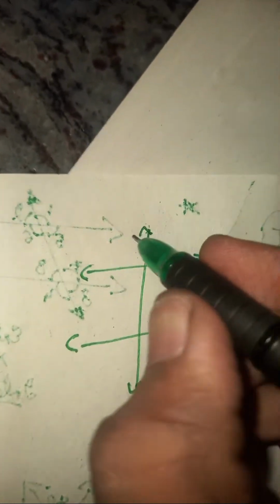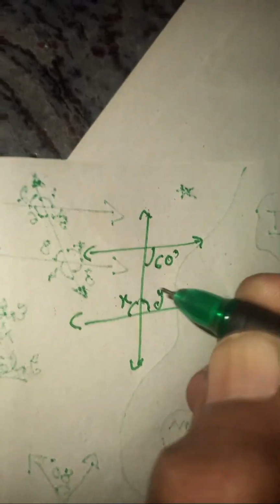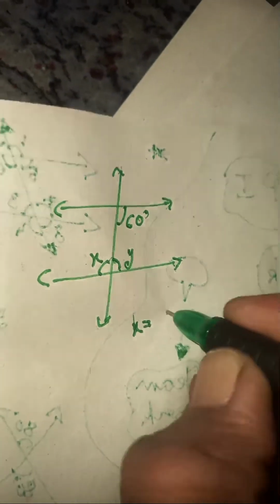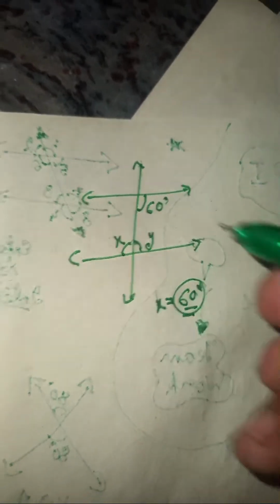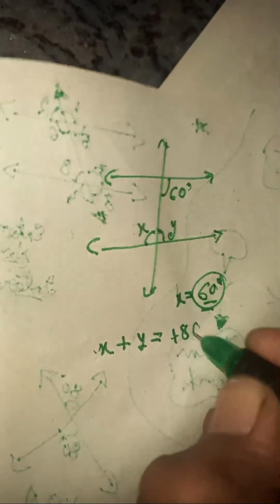Let's do some problems in it. Here they have given two parallel lines and they have given this angle's value equal to 60 degrees, and what's the value of x and what's the value of y. You can find that this angle and this angle are alternate angles, so you're going to get x equal to 60 degrees, and x plus y is going to make 180 degrees, so you can write x plus y equals 180.